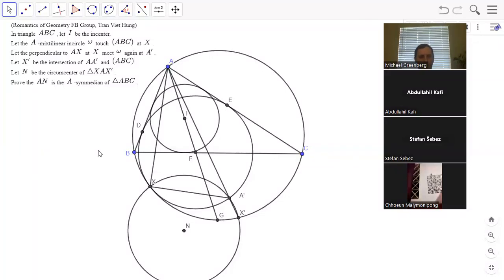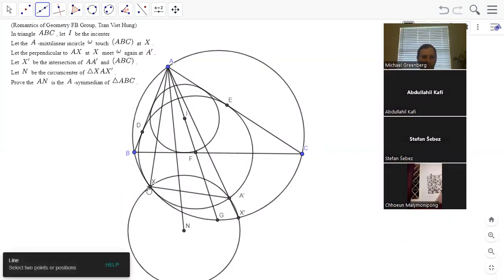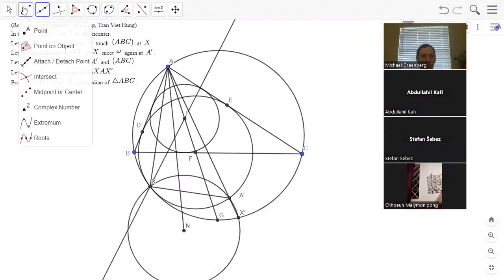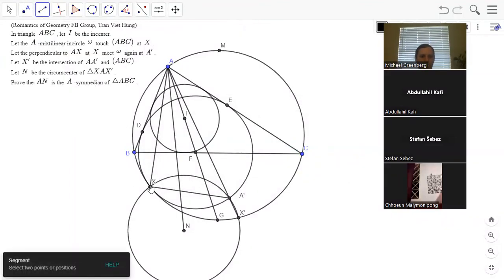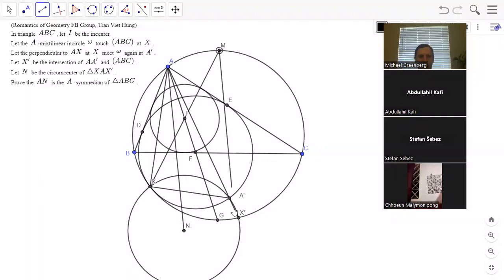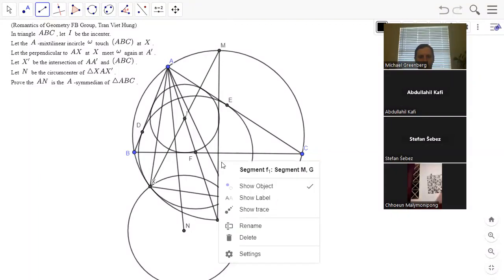Okay. So, is there anything special? We could try drawing the midpoint of arc ABC, just to see if that helps. I'm going to call it M. And these are collinear, just well known. I'm not even going to draw this for now.